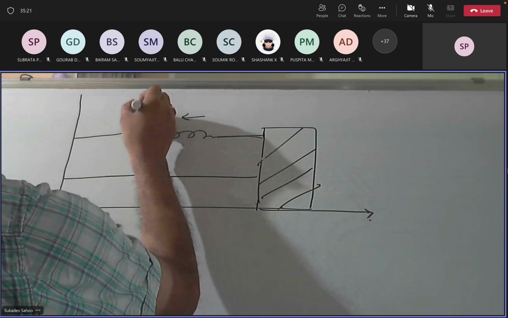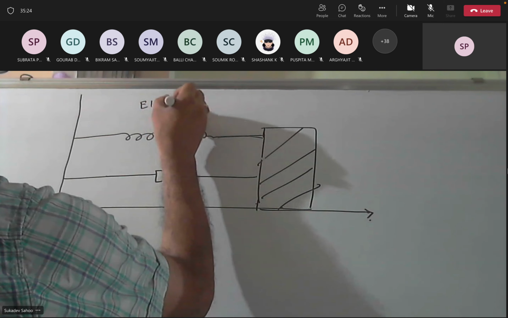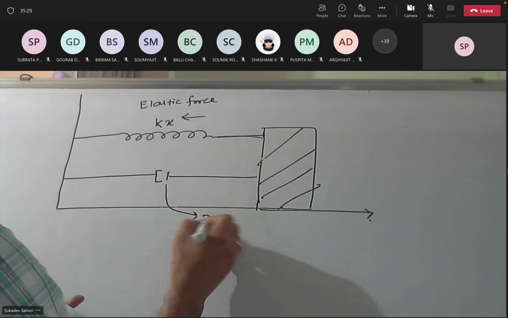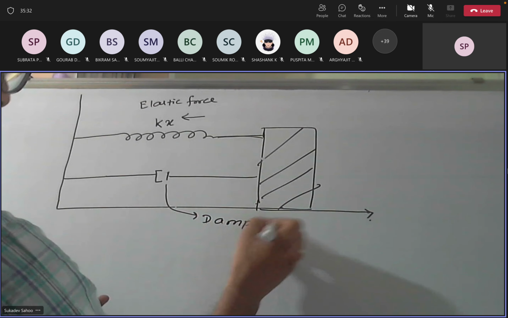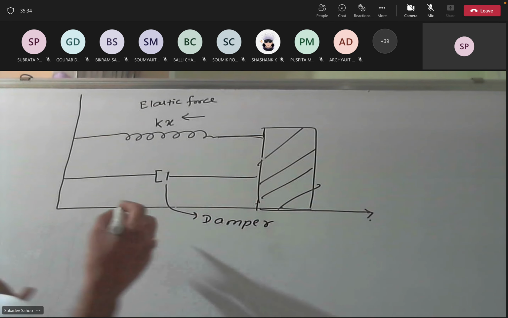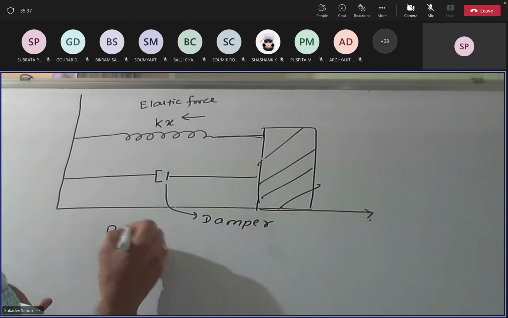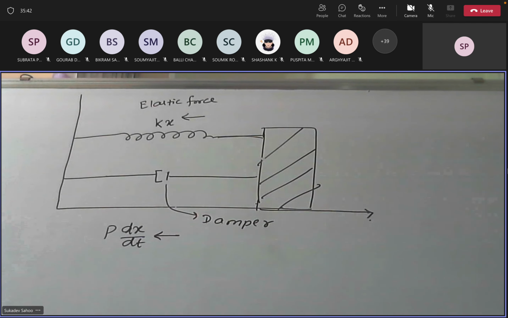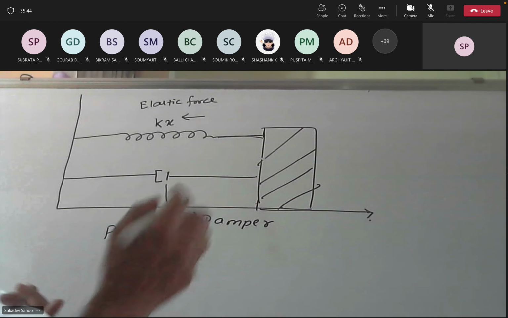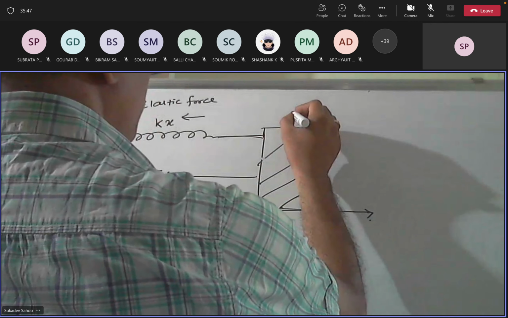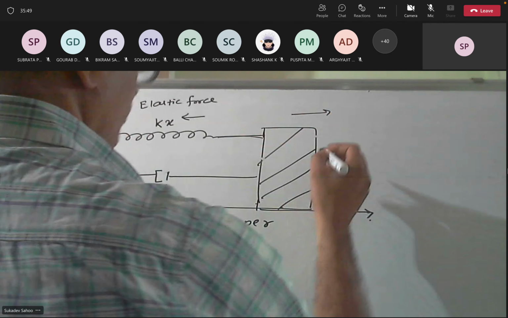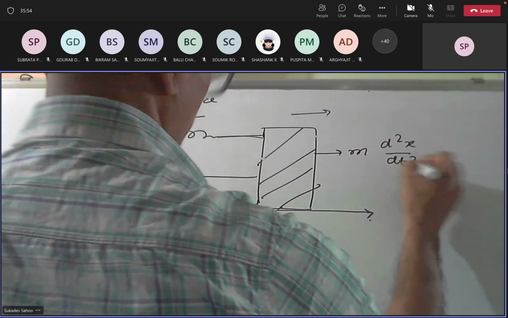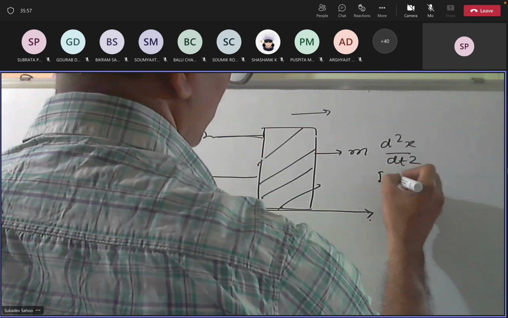This is the elastic force. This is the damper, and this damping force is directly proportional to velocity with a negative sign, that means opposite direction. And here we have the inertial force, mass times d square x by dt square. This is the inertial force.